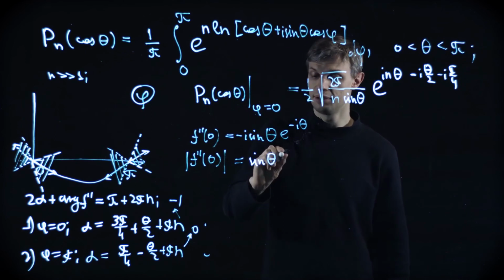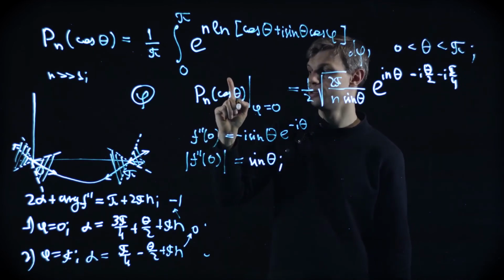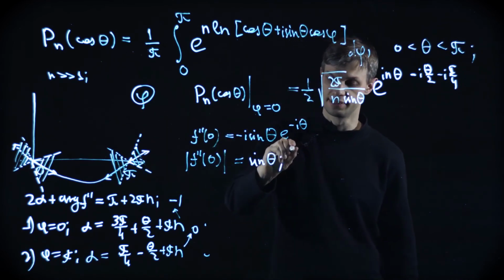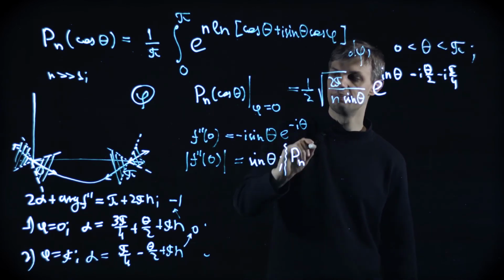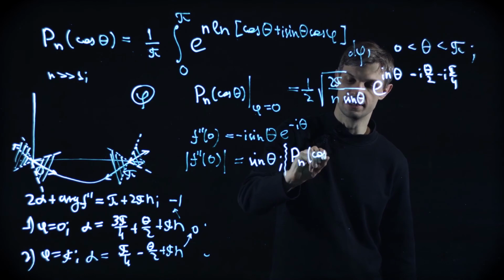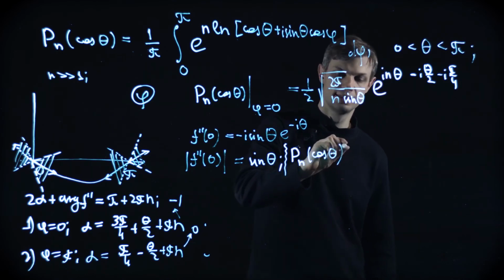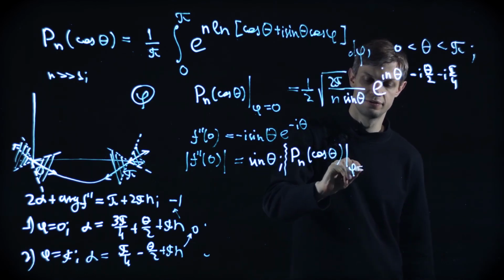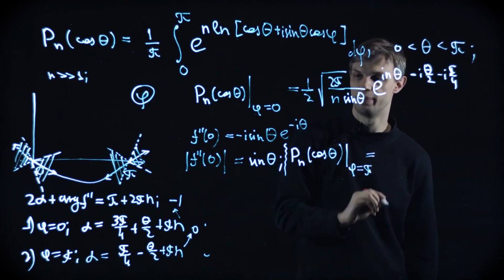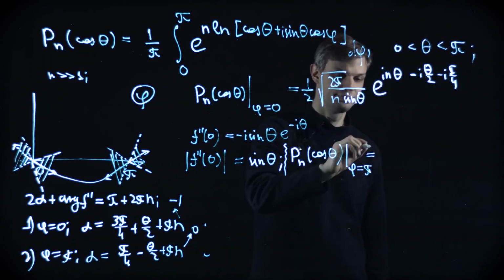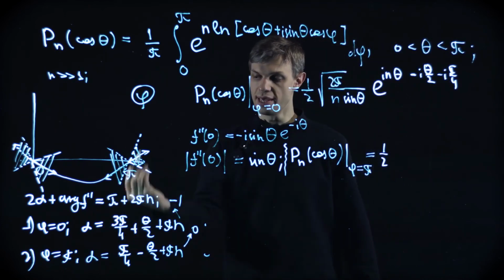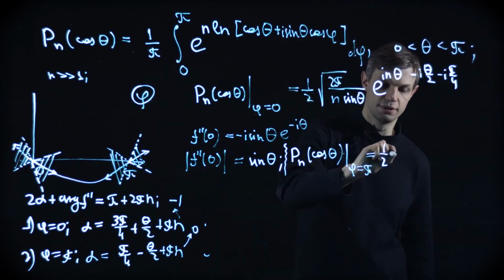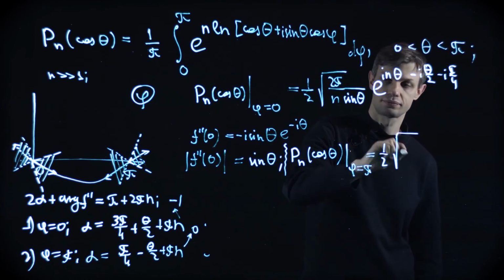And in the same manner, we compute the contribution from the second saddle. P_n of cosine theta from the vicinity of pi. Again, it's 1/2 because we just climb to the saddle.